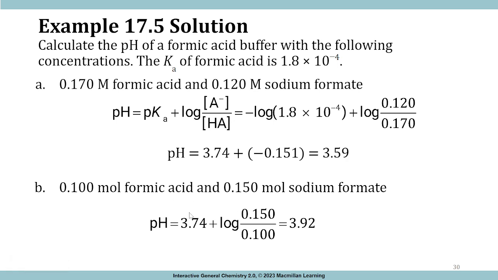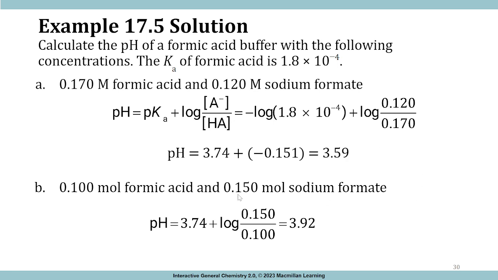Okay, and so right here we have again the pH. We get that same 3.74 number, but in this case we have 0.150 moles of the sodium formate and 0.1 moles of the formic acid. Do I have to do anything to those moles? Oh, they're in the same solution, right? So whatever the volume is, it doesn't matter. Okay, I can just ignore that.